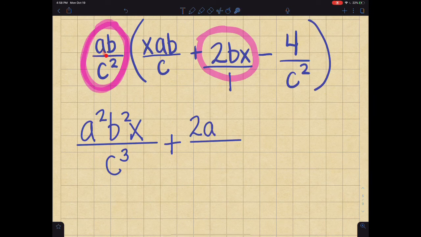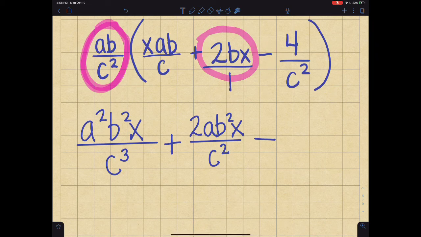Well, there's a b here and there's a b here, so it's going to be b squared. And then don't forget about this x right here, so we're going to bring that x down and add that to the top of the expression. And on the bottom is c squared just times 1, so I'm just going to put c squared. Now, I'm going to put a minus sign because of this minus sign right here.